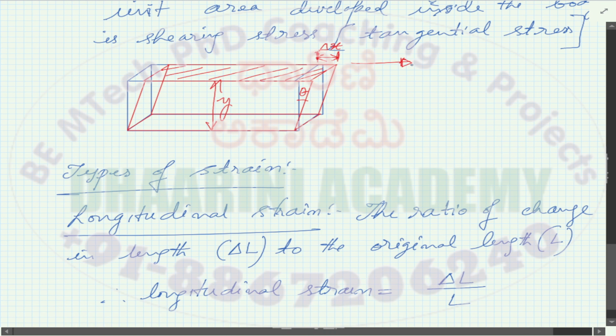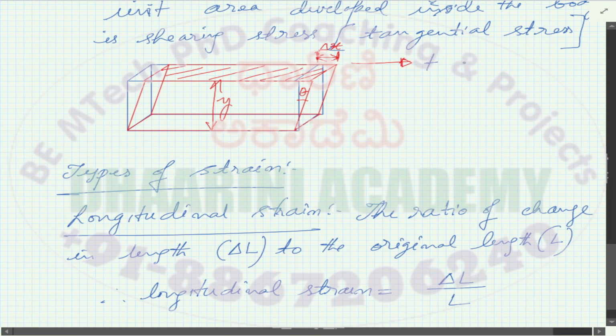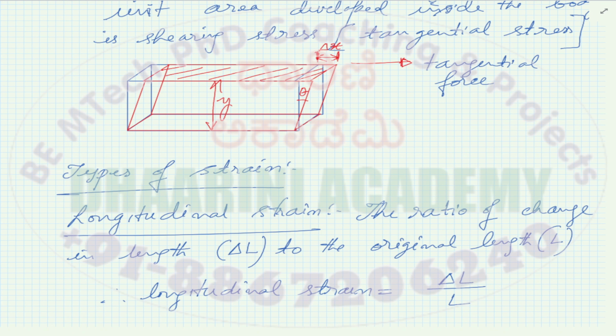Because of the tangential force applied in this direction, there is a relative displacement, that is delta x, between the opposite faces of the body, right? So the strain produced because of this kind of movement is called shearing strain.